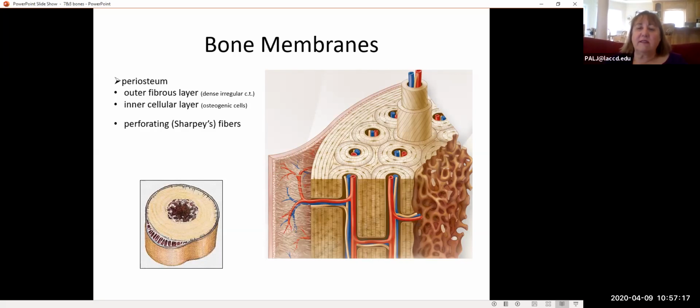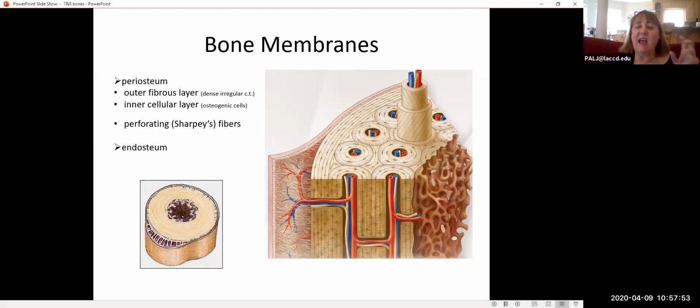Now, just like we have periosteum on the outer part of the bone, we have to have a lining everywhere we have a surface. That means where we have the spongy bone in the deeper portion of the bone, we are going to have dense, irregular connective tissue covering it as well, on the medullary portion of the bone. Only we're not going to call it periosteum, because peri means to go around, as in around the outside.